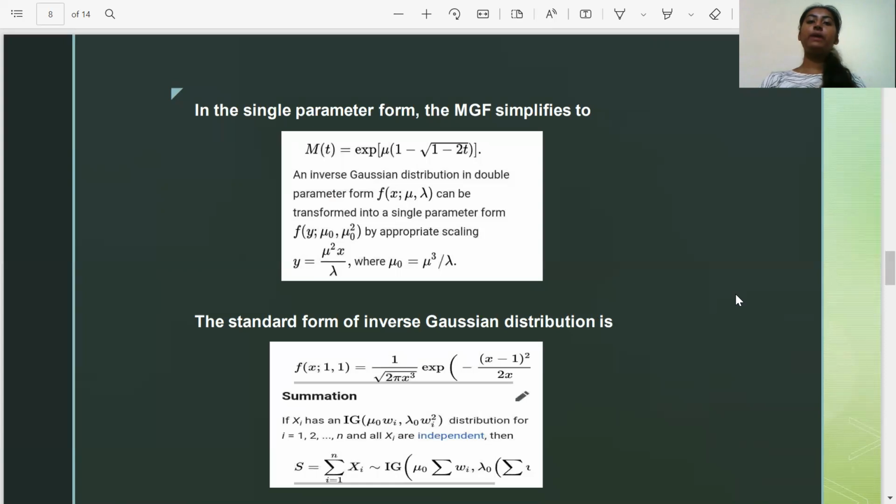In the single parameter form, the MGF simplifies to M of t is equal to exponential mu of 1 minus root over 1 minus 2t.